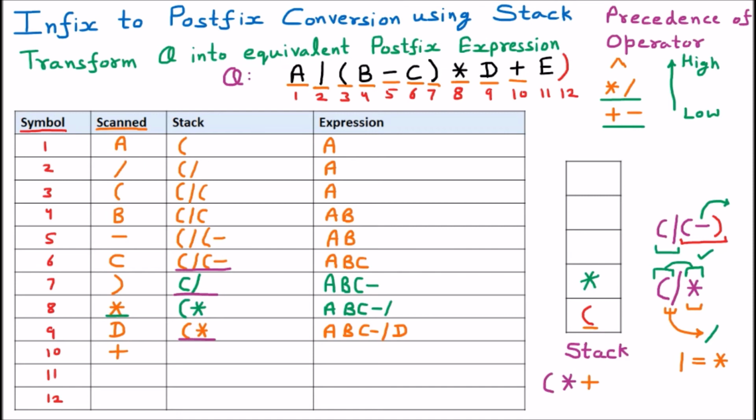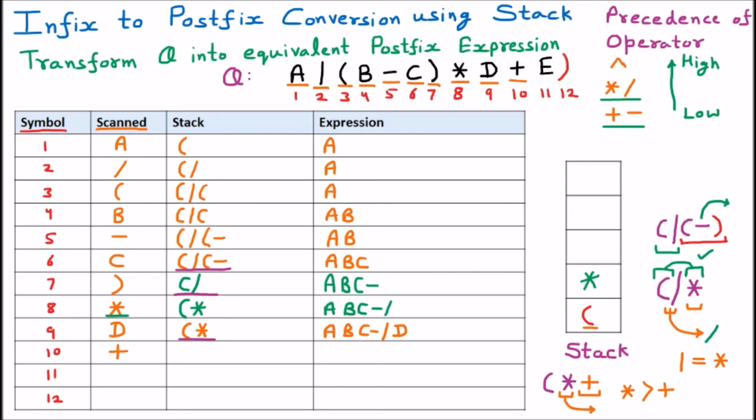Now we have to check the precedence of the operators. We know that plus is coming and star is already there. So we are going to check the precedence. Star has the highest precedence as compared to plus. And we know that whenever a low precedence operator comes, the high precedence operator comes out.